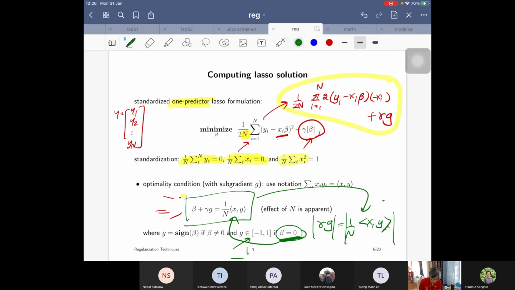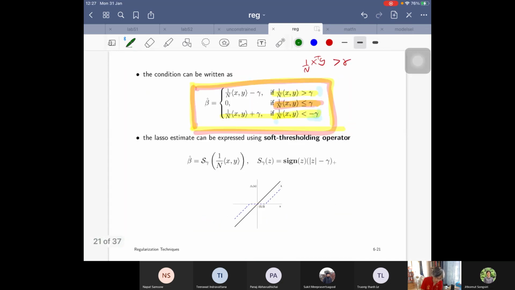So absolute value of g is less than 1, which means 1 over n, the absolute value of this guy, which is equal to gamma, absolute value of g would be less than or equal to gamma. And that is the second case. All right, is it clear now?